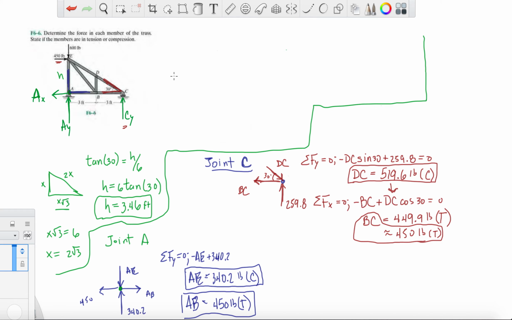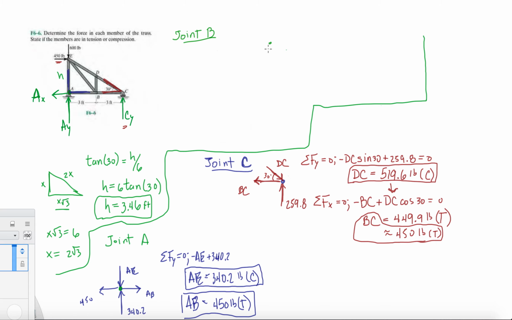All right, let's look at another joint. Let's analyze joint B. So if we analyze joint B, let's create some more room here. We're gonna have BC, and we know what BC is.